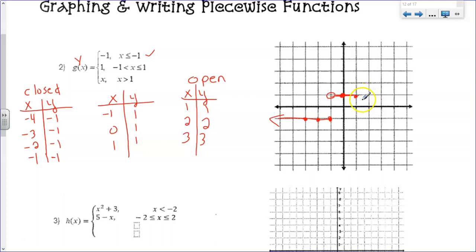So I can't open a closed dot, okay? So it stays closed. If you fill in a hole with dirt, it's no longer a hole. It should be level. And then you have 2, 2, 3, 3. And so this one's going to continue to go like that. Now, if it was only this part of the graph, it could be considered continuous. But see here how you're having to jump from here to here, so that's non-continuous.